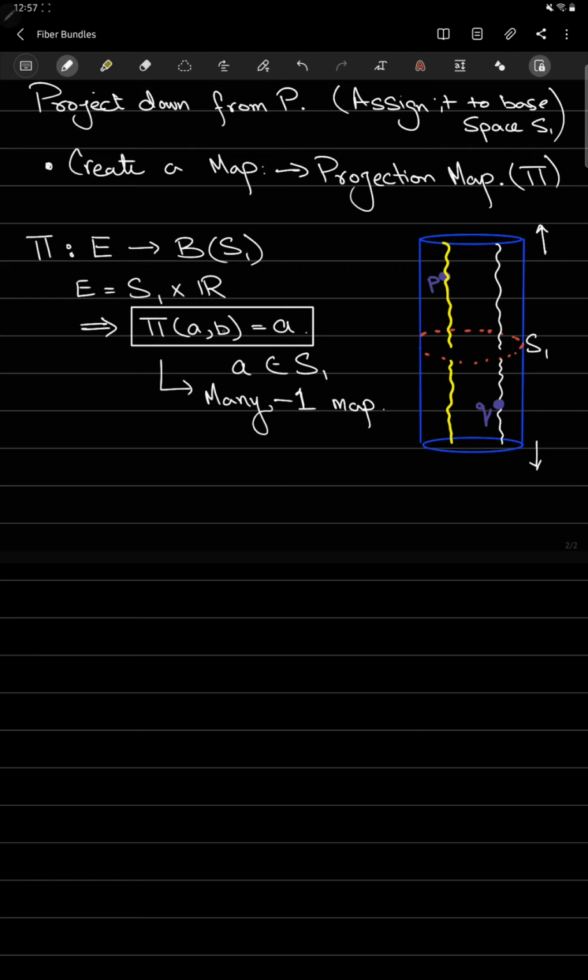So you have two points and it maps to a single point A. Let me again mention why this map works: it's because A belongs to S1 and corresponds to any point such as, for example, this point P, this point Q, or more obviously, in this cylinder.